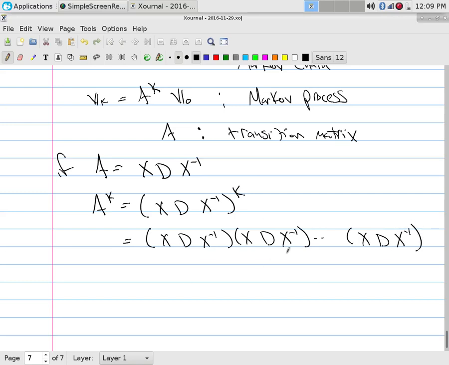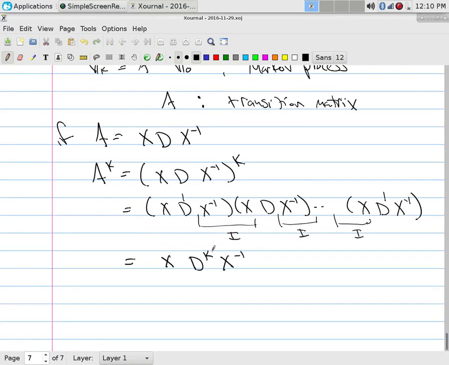Well, how does that look any better? What is an X inverse X? And then X inverse X, and X inverse X. Everybody between this D and this D, every X inverse X is going to become what? The identity. And then what do I have? A bunch of D's. How many D's do you have? K of them.